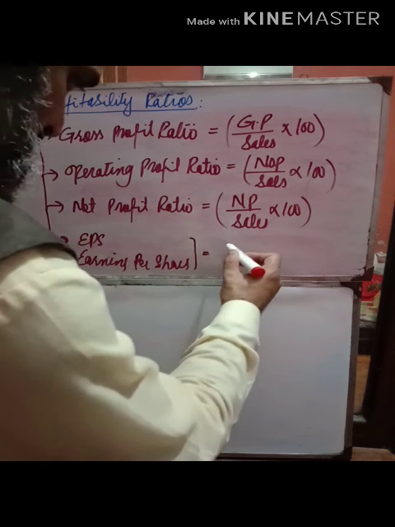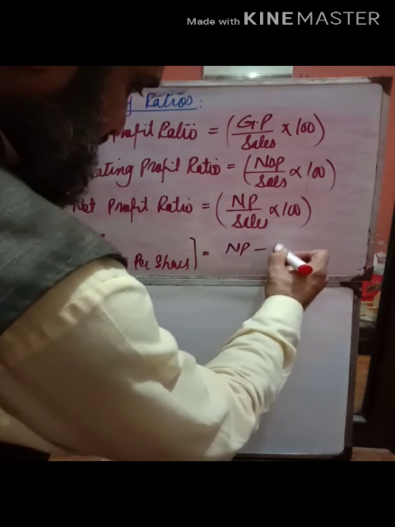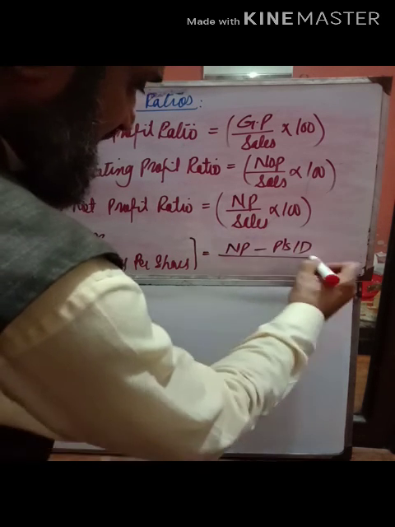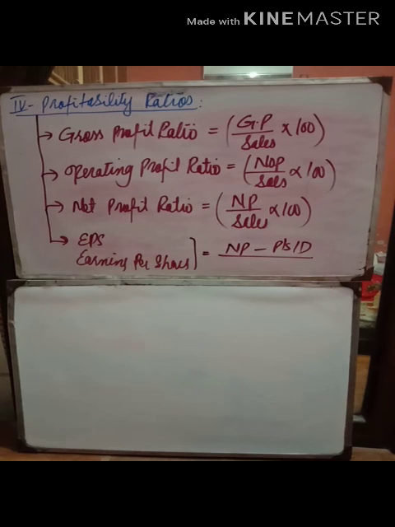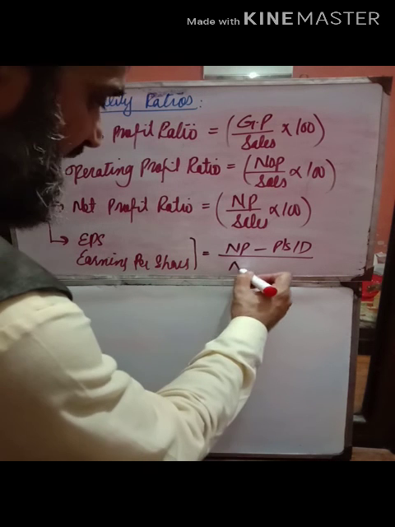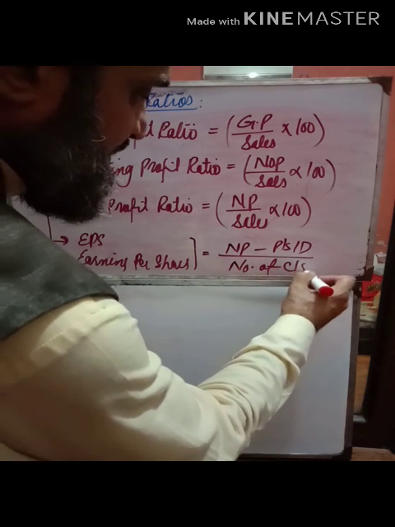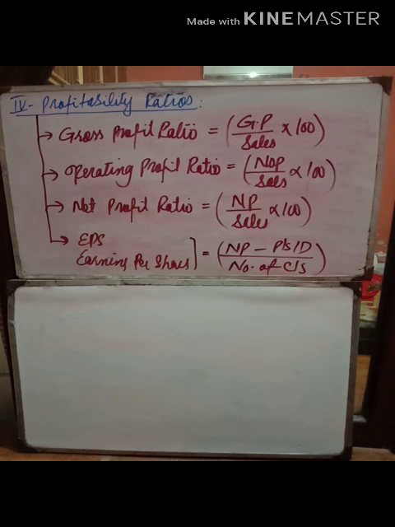Earnings per share is net profit minus preferred stock dividend, or earnings available for the common stocks, divided by the number of common shares.